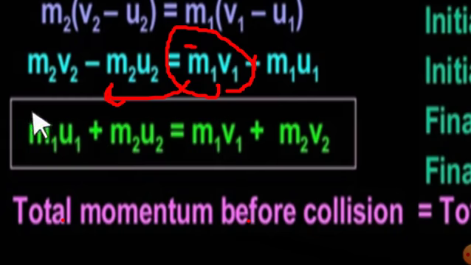So this is the momentum of the bigger car. And what is this M2 U2? This is the momentum of the smaller car moving with initial velocity U2 before collision, got it? So these are nothing but the initial momentum.